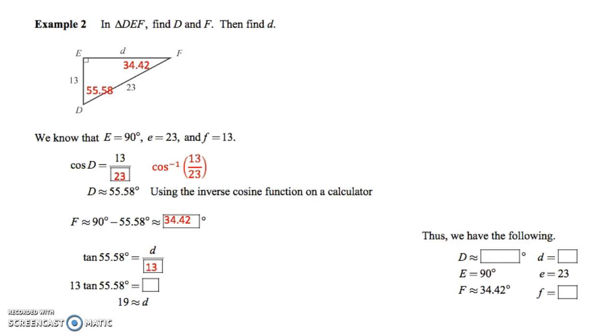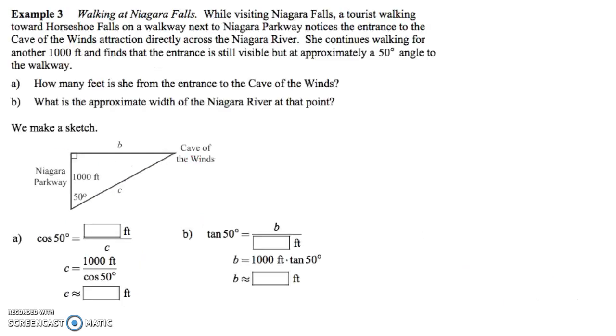Multiplying both sides by 13, we obtain that side D is approximately 19. So now we have found all of our angles and we have found all of our sides.